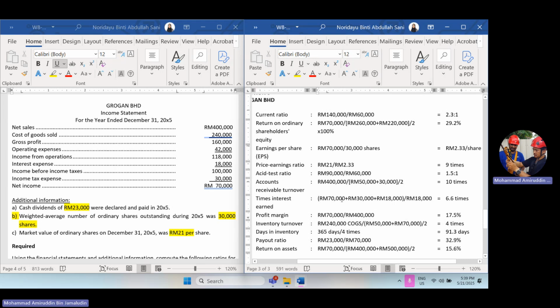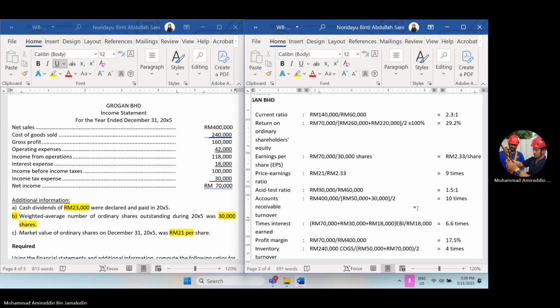And then your numerator is the net profit before interest, or in accounting, we call it EBI, earning before interest. So where is my earning before interest? This is the interest. So if I want to know earning before interest, of course, this one, right? Agree? This is my interest expense. I want to know my profit.